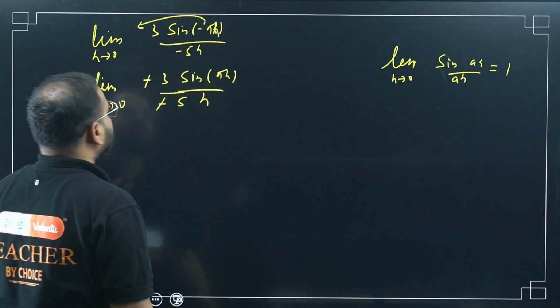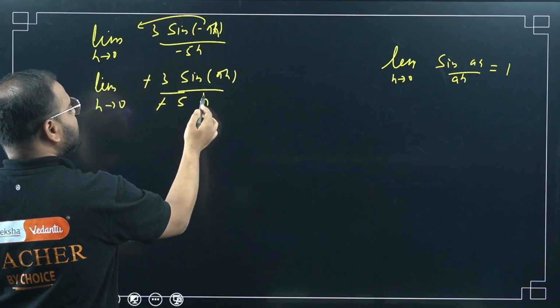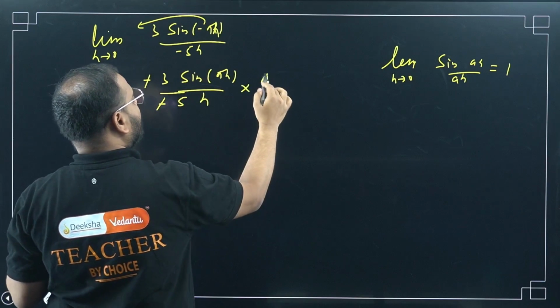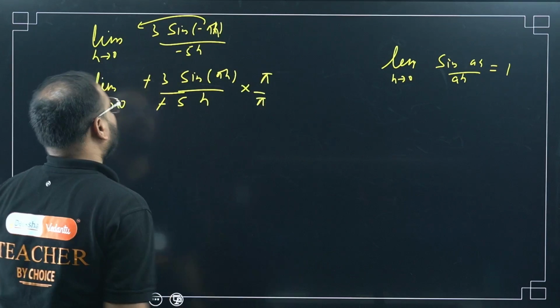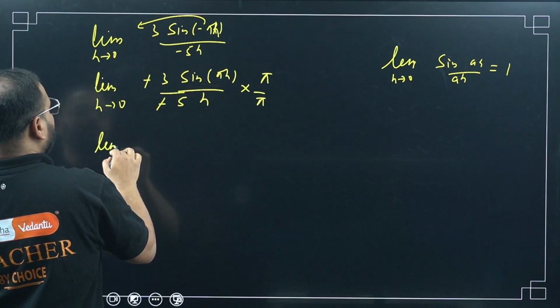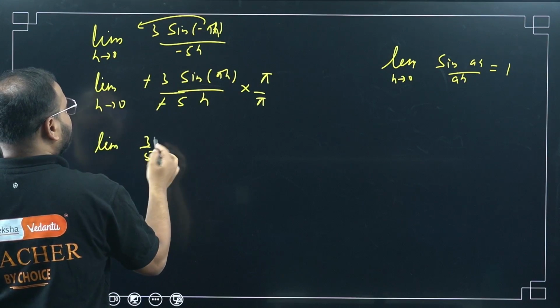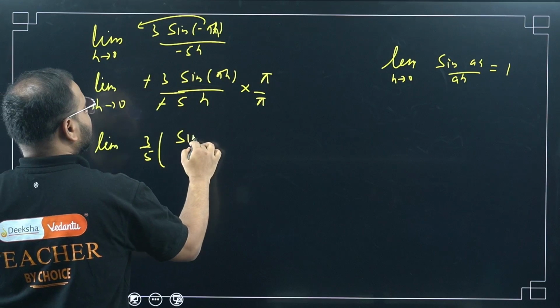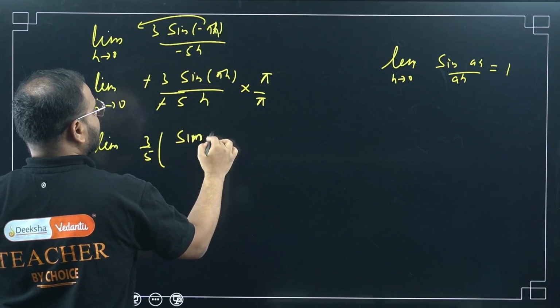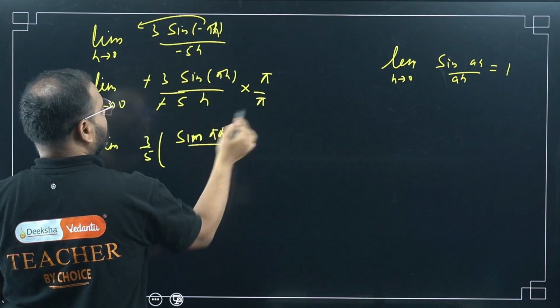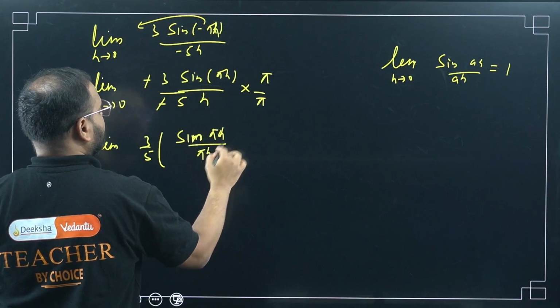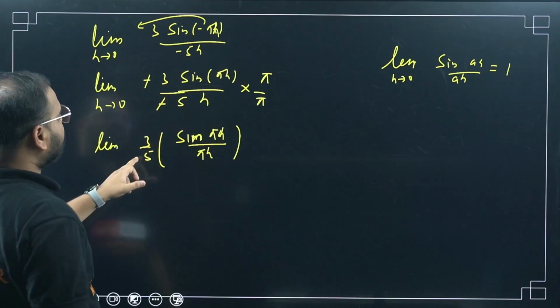Okay, so think about it. What is missing here? Pi is missing, no? So I'll multiply pi both up and down. Now what will this transform into? Limit 3 by 5, sine pi h upon pi h, as h tends to 0. I have taken 3 and 5 outside.